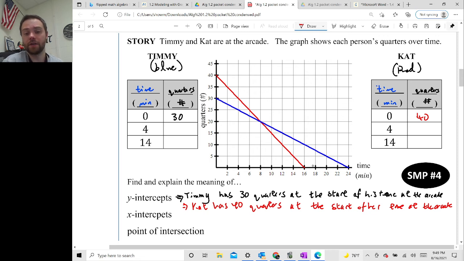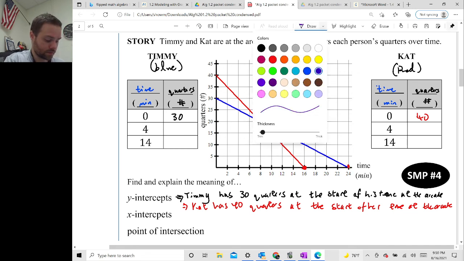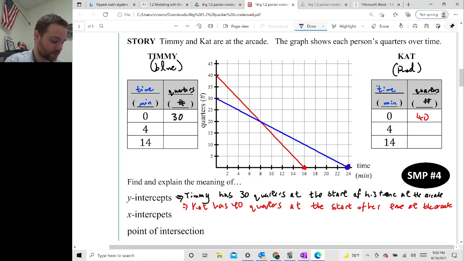X-intercepts. If you take a look here, this is time, and the number of quarters is 0. So over here, this is when Kat runs out of quarters. And over here, this x-intercept, let's draw it in blue. This x-intercept is when Timmy runs out of quarters.